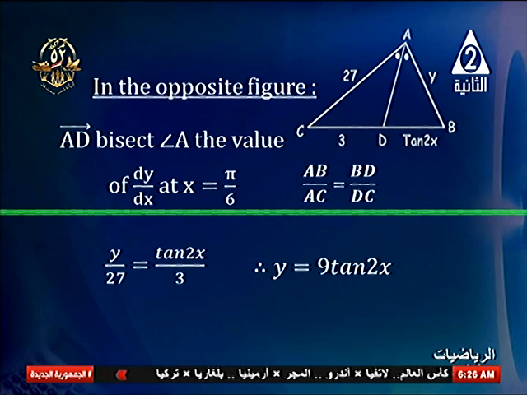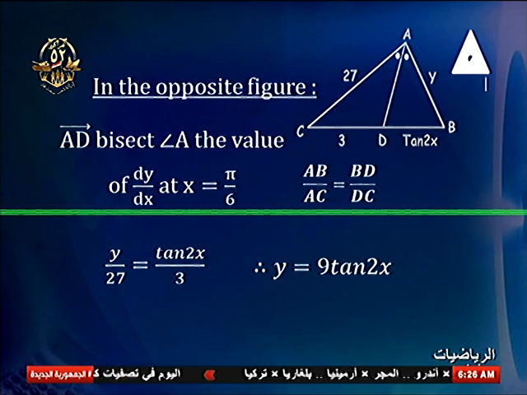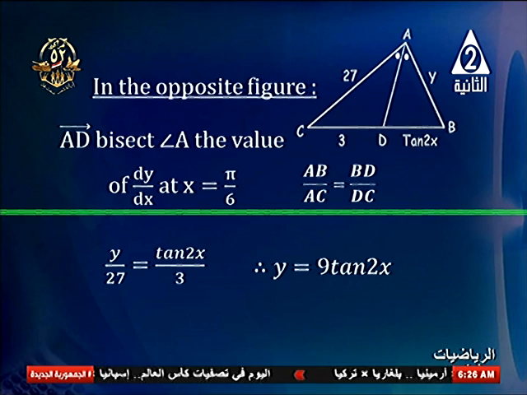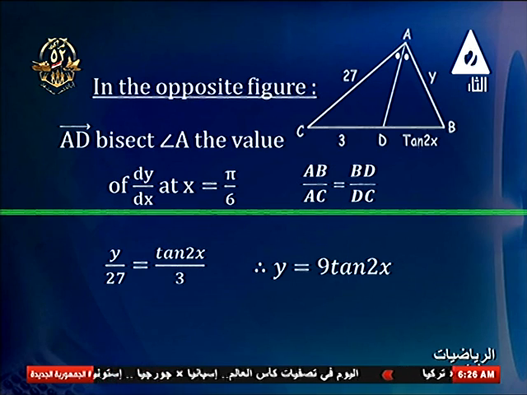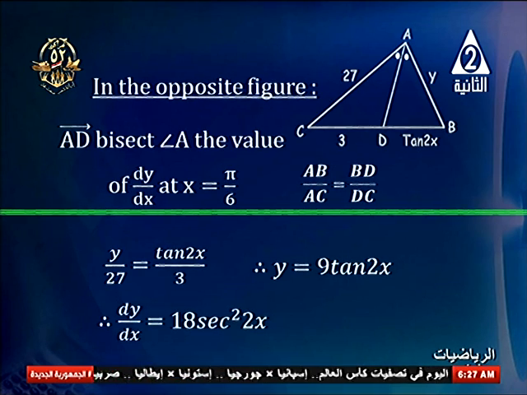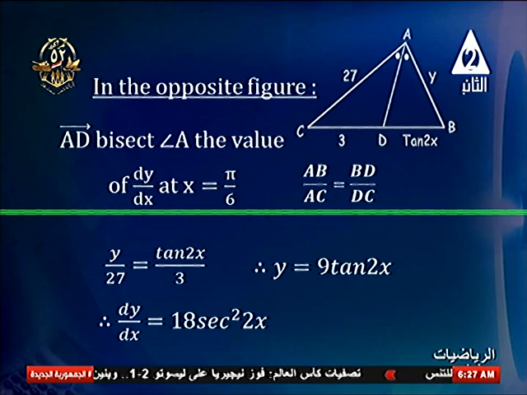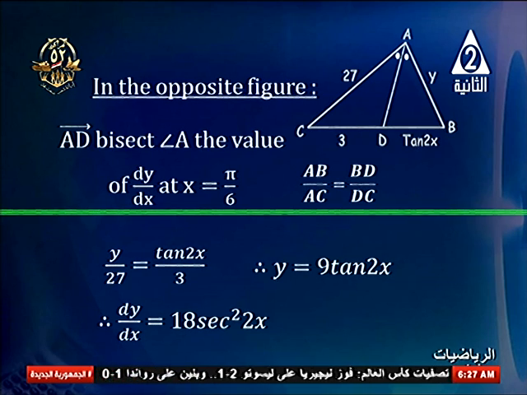What is the differentiation of tan 2x? Sec squared 2x multiply 2. 2 times 9 is 18, so 18 sec squared 2x. Remember, the differentiation of tan 2x is sec squared 2x multiply 2. 2 multiply 9 equals 18.